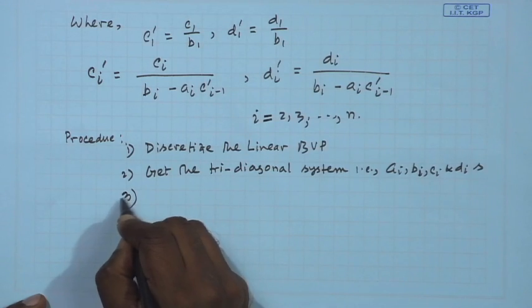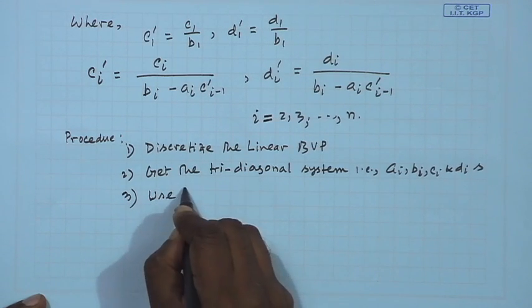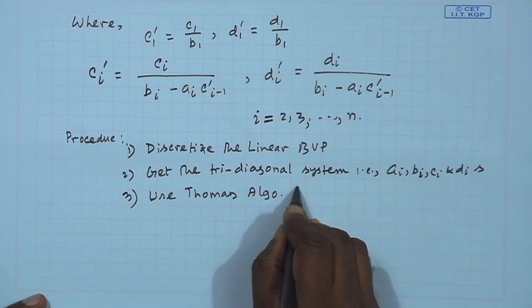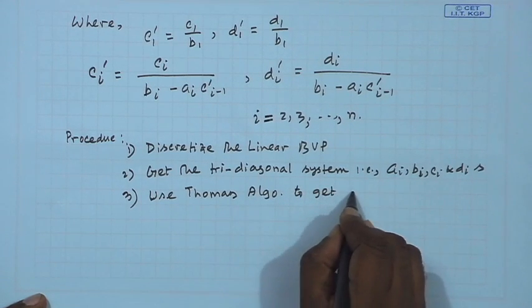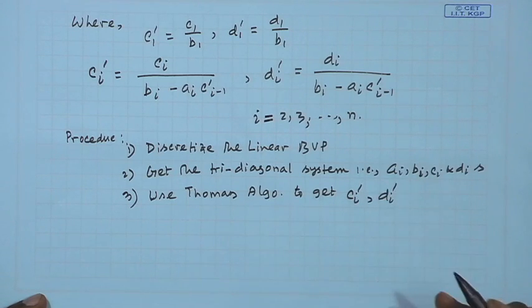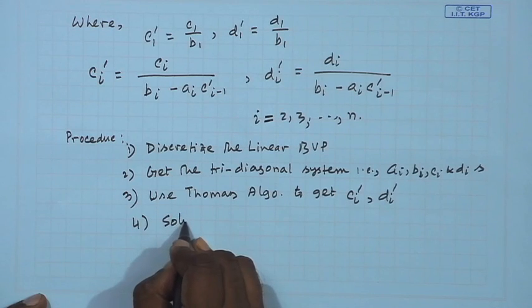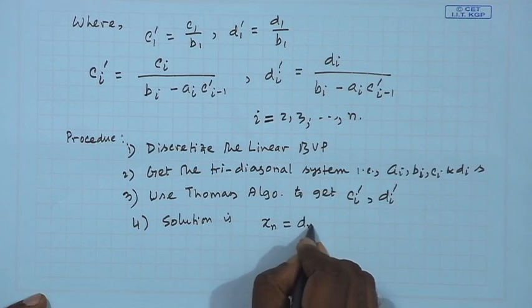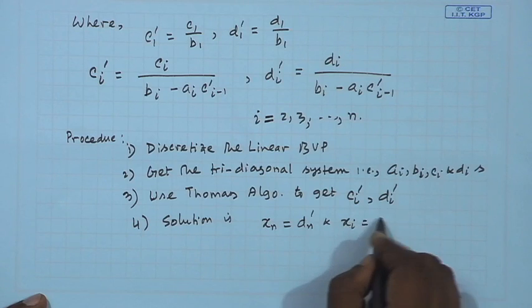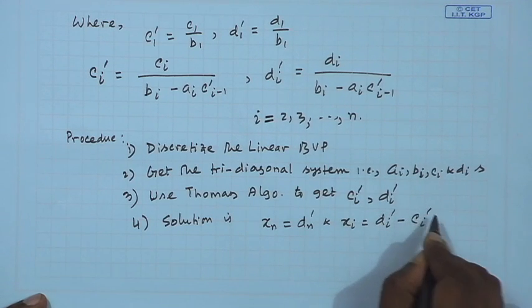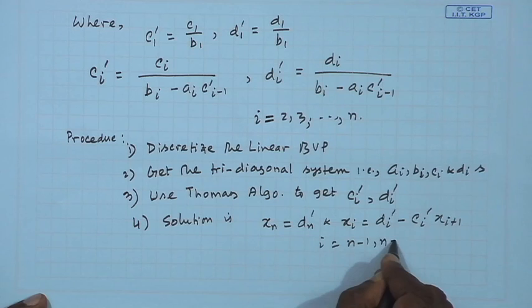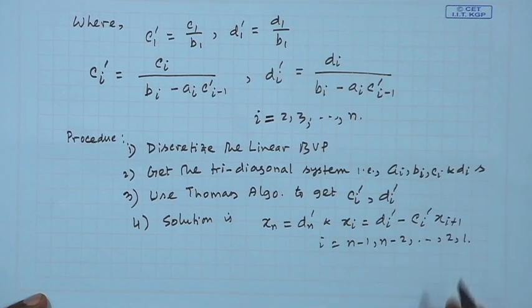Then use the Thomas algorithm to get Ci dash, Di dash in this manner, and then the solution is xn or yn equal to dn dash, and xi equal to di dash minus ci dash xi plus 1, for i equal to n minus 1, n minus 2, 2, 1.